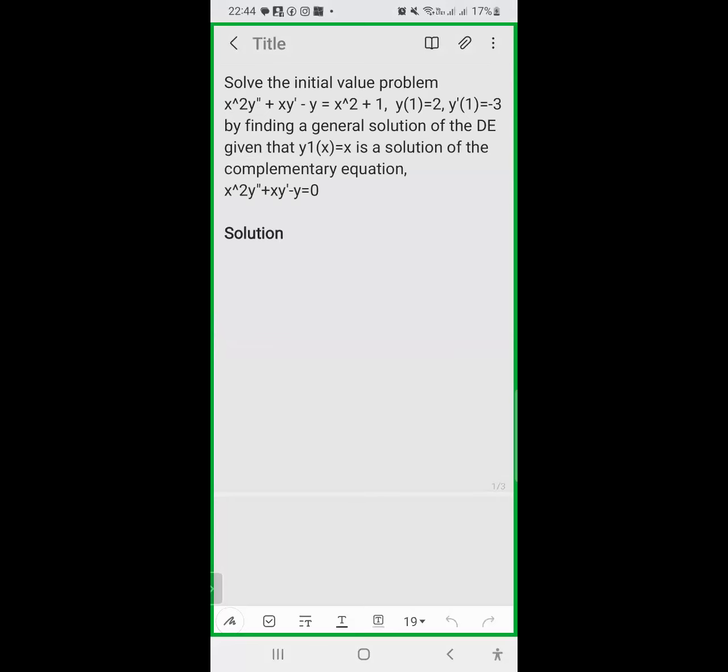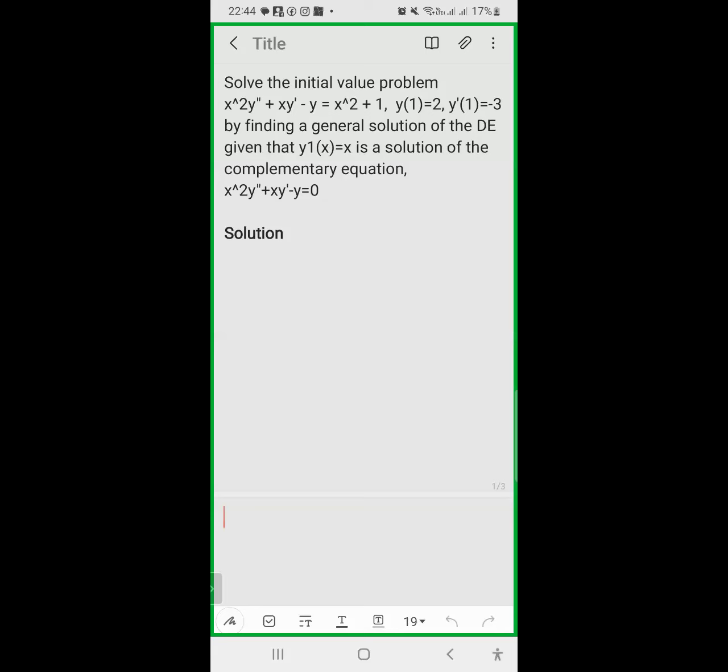Solve the initial value problem by finding a general solution of the differential equation, given that y1 equals x is a solution of the complementary equation x squared y second derivative plus x y first derivative minus y equals 0.